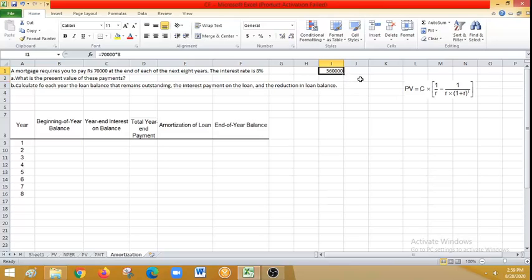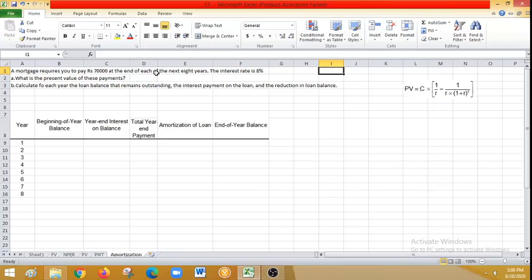But what is the loan that has been taken? Okay, so 5,60,000 rupees is the amount that you are going to pay back to the banker. But what is the actual loan amount that you have taken? So that's the first question. What is the present value of these payments? If we find out the present value, that is going to answer what is the loan that is being received by the concerned person or the concerned company.